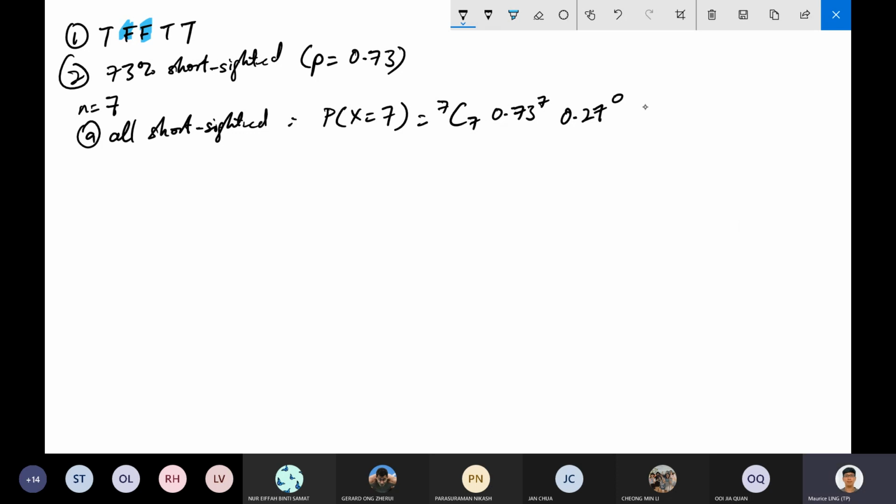So this gives you approximately 39.6% that if you pick any 7 people at random, all of them are short-sighted.